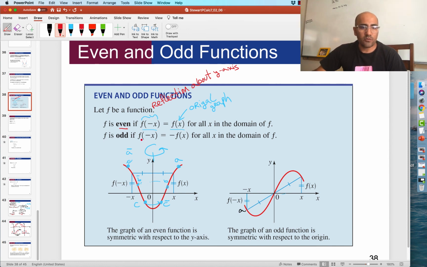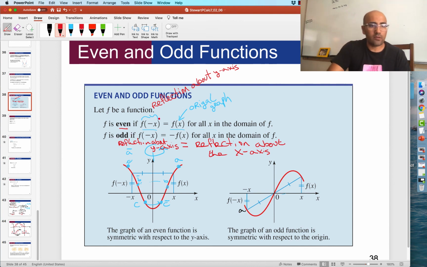So this is saying for an odd function, the reflection about the x-axis is equal to the reflection about the y-axis. If that's the case, then we have ourselves an odd function.